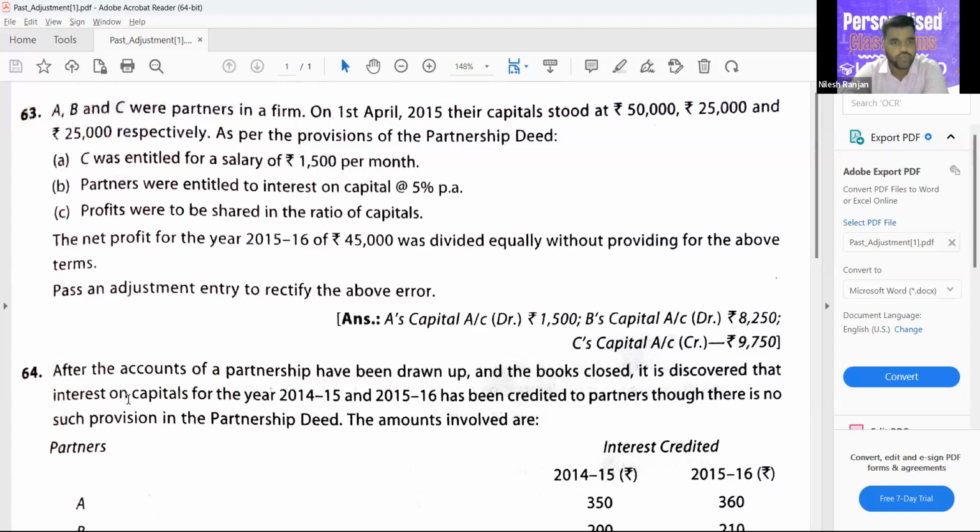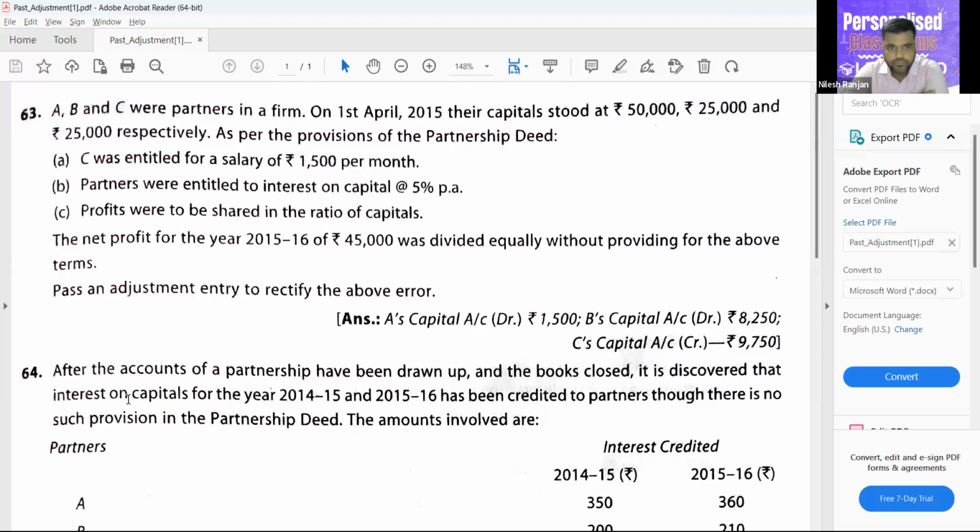But what we have done here, we have divided the profit equally between partners. Now, in this portion, there are 4 adjustments that we have to do. First, we will take the wrong profit distribution back.